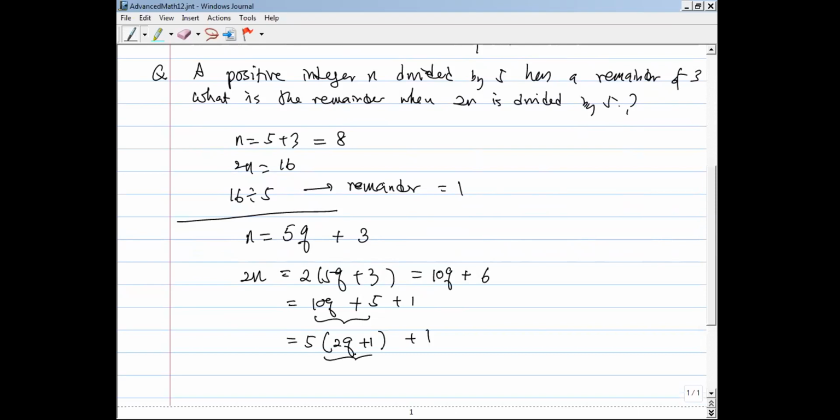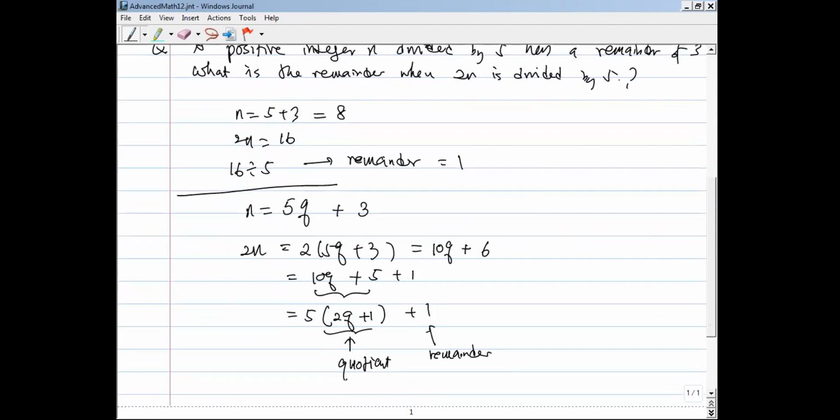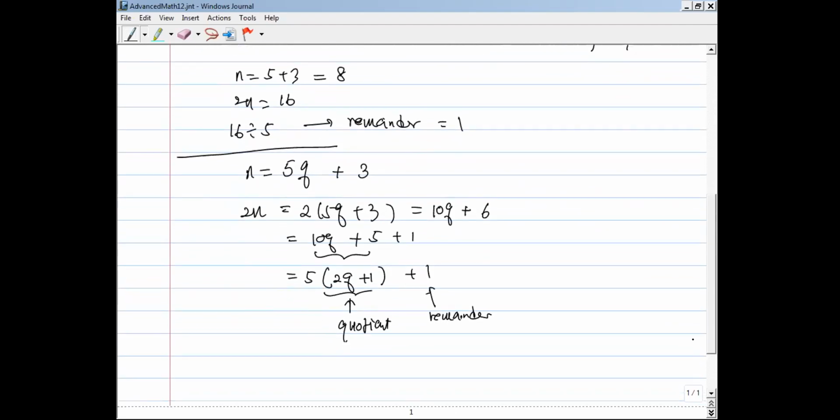So you don't need to know the exact value of q, but 2n can be expressed as 5 times something plus 1. So this will be the remainder. This is the quotient, but the quotient depends on the original quotient.